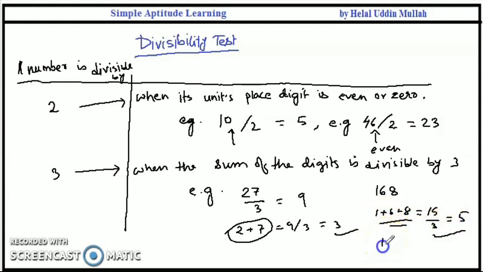Now if we check 168 divided by 3, it is 56. So 168 is divisible by 3. So the trick is that if the sum of the digits in the given number is divisible by 3, then you can say that the given number will be divisible by 3.